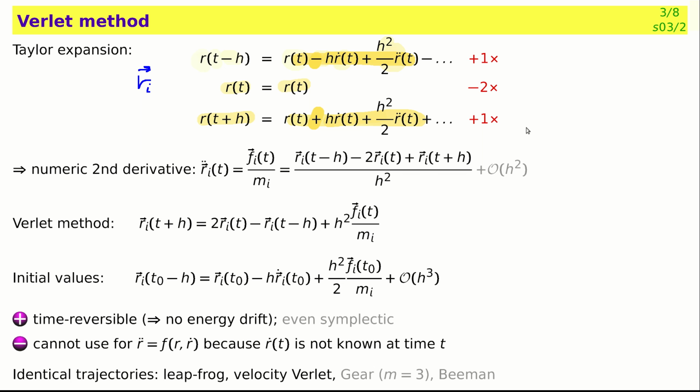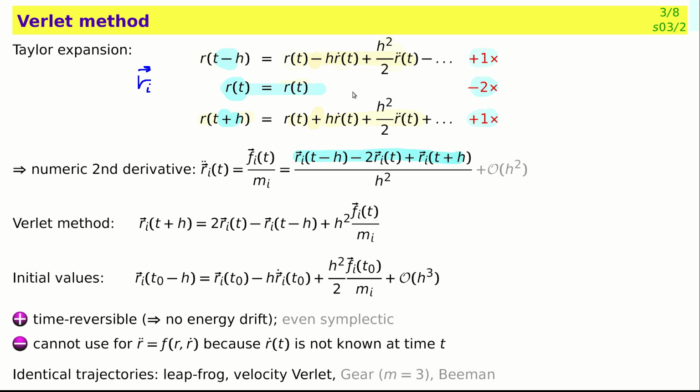And now I'll do the calculation which is depicted here. That is, I'll take the first equation once, the last equation once, and subtract twice the second equation. If I do this, I'll get here this minus twice this plus this. This is the numerator.